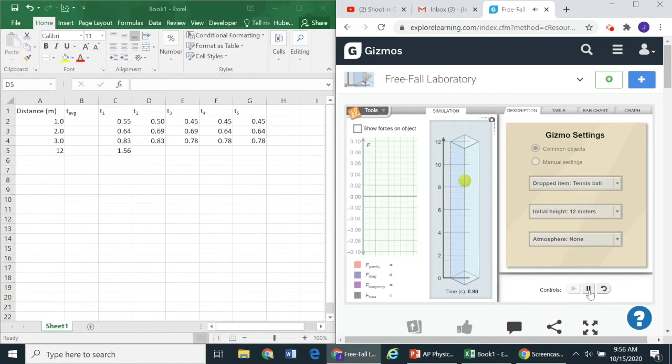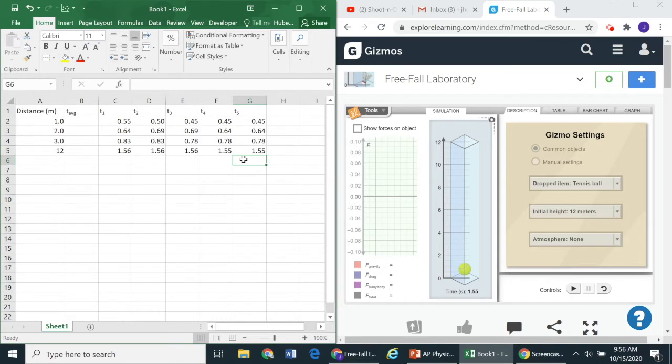Now it's a lot easier to do the time here because you don't have to react so fast. 1.56. 1.56. 1.55. And 1.55.